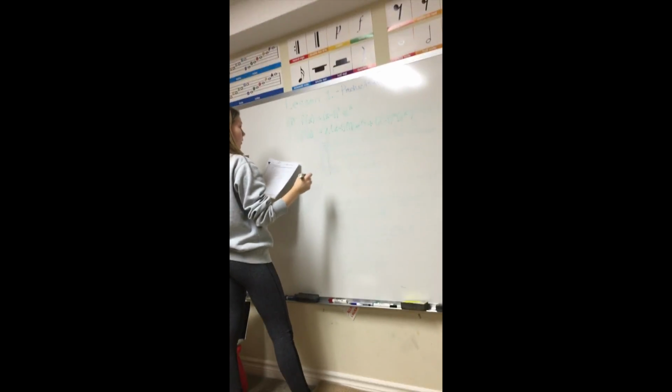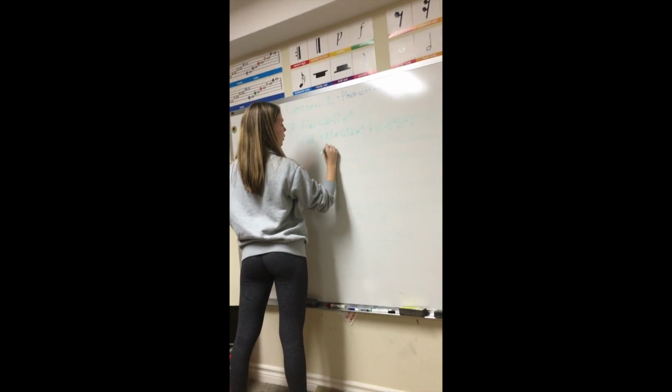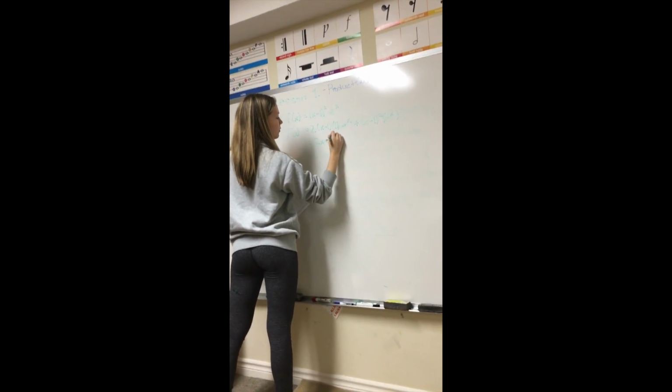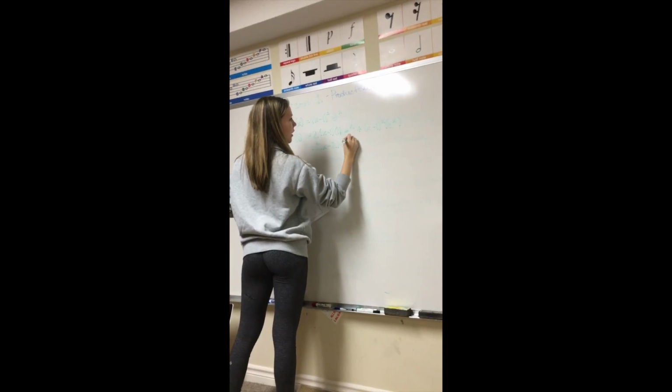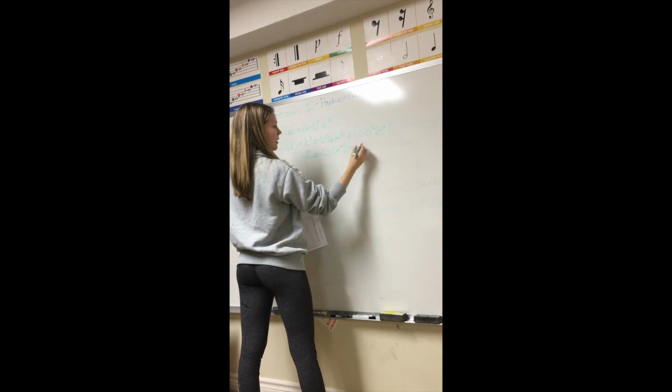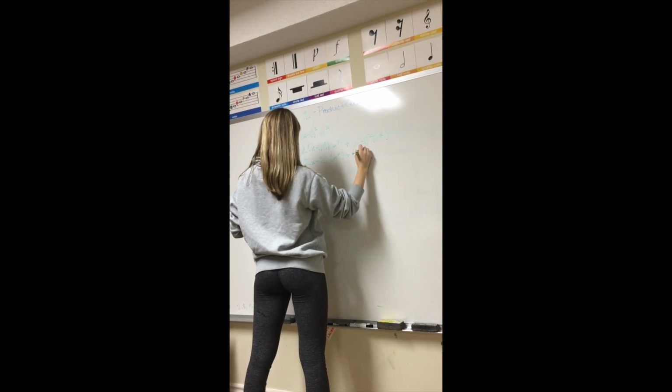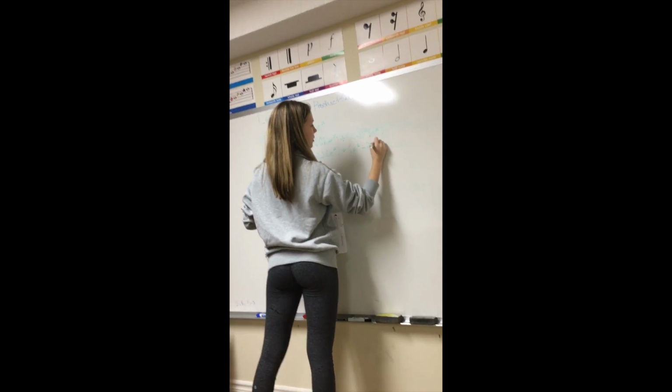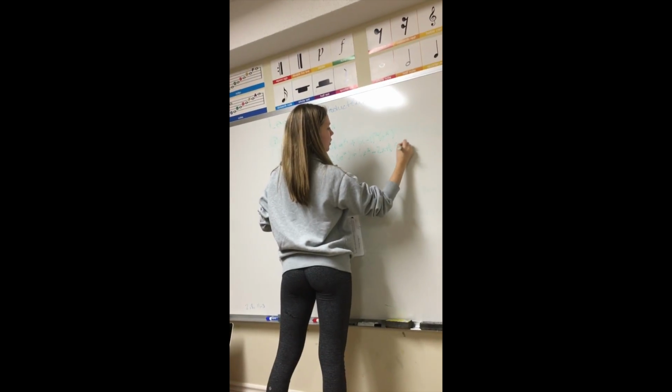Then we have (2x minus 2) e to the x plus, and we can expand this out, so this is going to be (x squared minus 2x plus 1) all times e to the x.